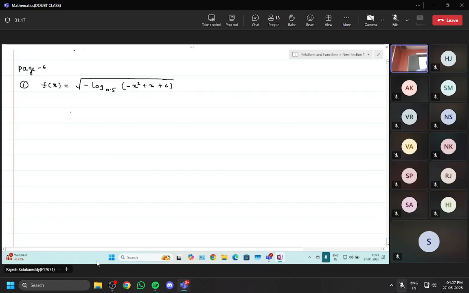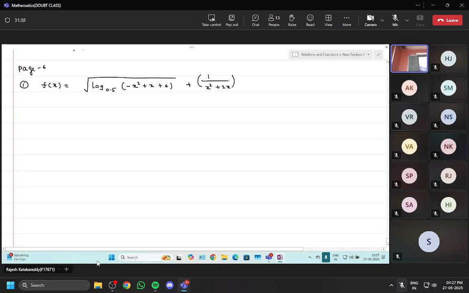Oh, minus is not there, just log. Okay, then just log only with it. Then minus, in some other problem I have seen, then plus 1 by x square plus 2x.